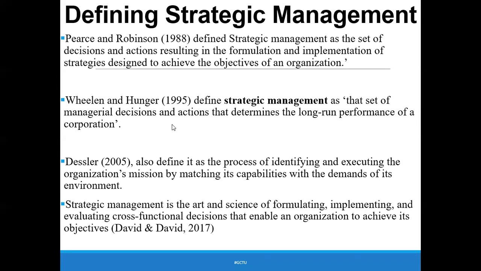And implicit in these things include scanning the environment of the business to identify its strengths and weaknesses. And based on this information, the right mix and fit must be drawn. And that is what they mean by matching its capabilities with the demands of its environment.